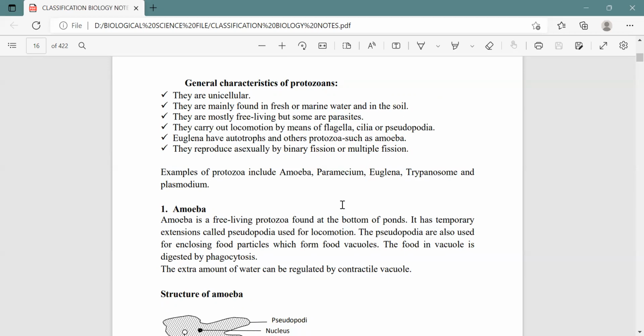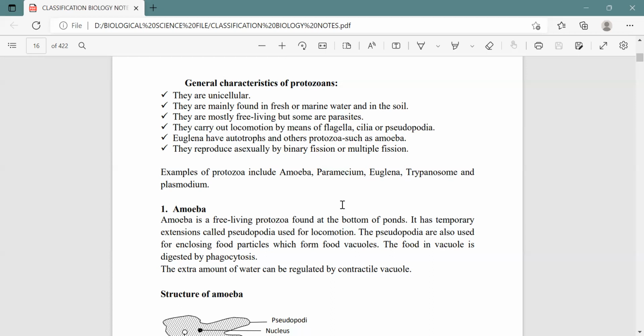The Euglena are autotrophic. That means they are able to make their own food. They can convert the simple inorganic materials like carbon dioxide and water into organic compounds which act as their food. They reproduce asexually.